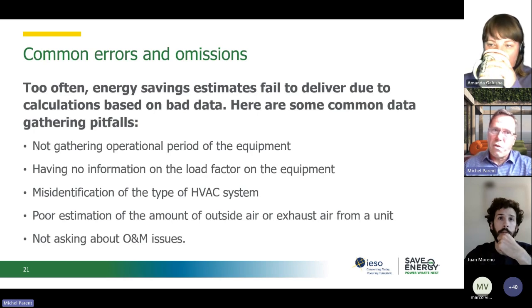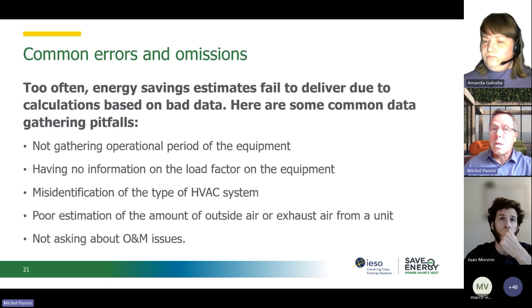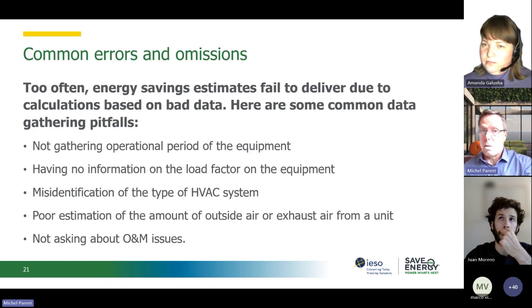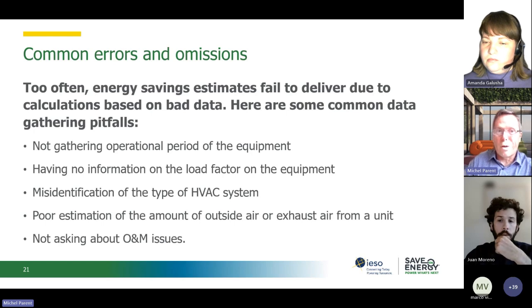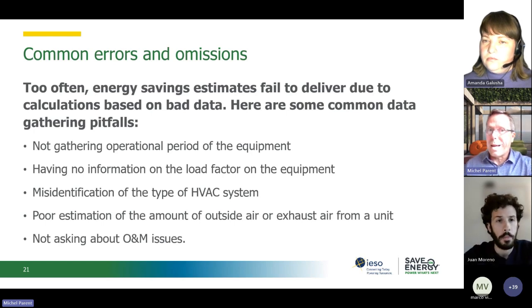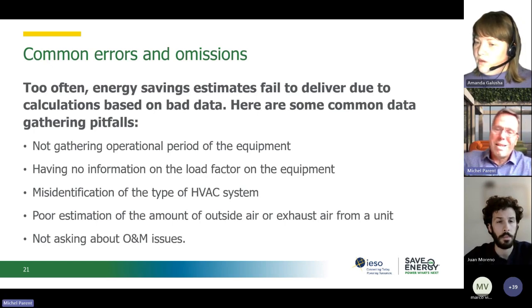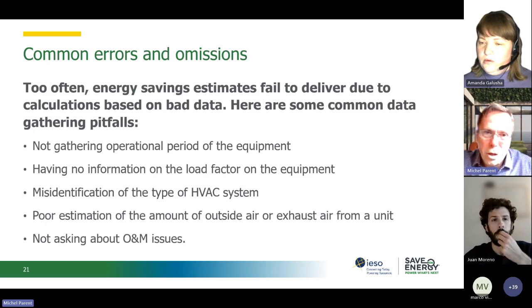If you misidentify your HVAC system, I insisted quite a bit on that. If you have a really poor estimation of the amount of outside air or exhaust air, because one impacts the other, that can lead to really big mistakes. If you say, I'm going to put heat recovery on this unit, and you forget that there's 5,000 CFM of exhaust air, and your unit is bringing in 5,000, and you think that exhaust air is not impacting your air handling unit, it does.